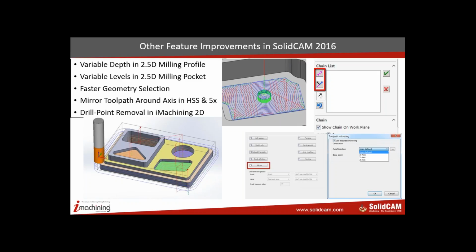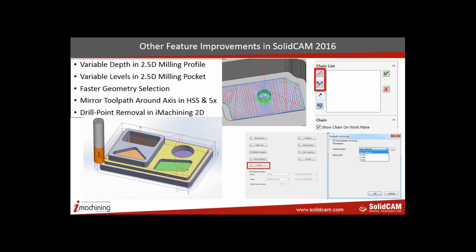And in pocket we have variable levels, so you can have several pockets in the same operation where the start height and bottom of the pocket all vary. You can have as many as you like in there. The only thing they can't do is be inside each other. They've got to be separate pockets.